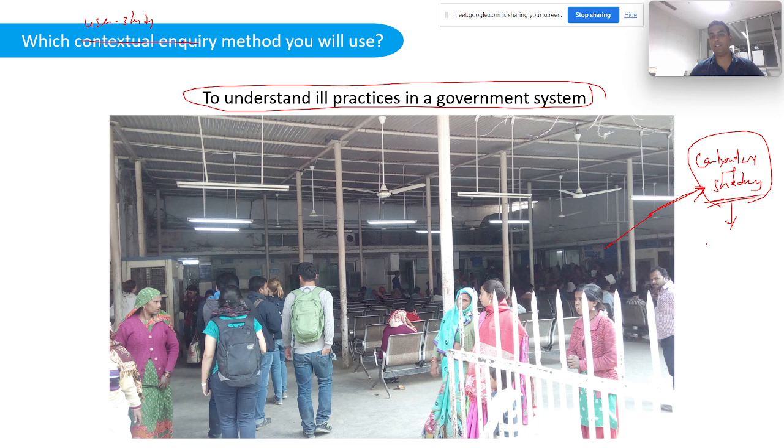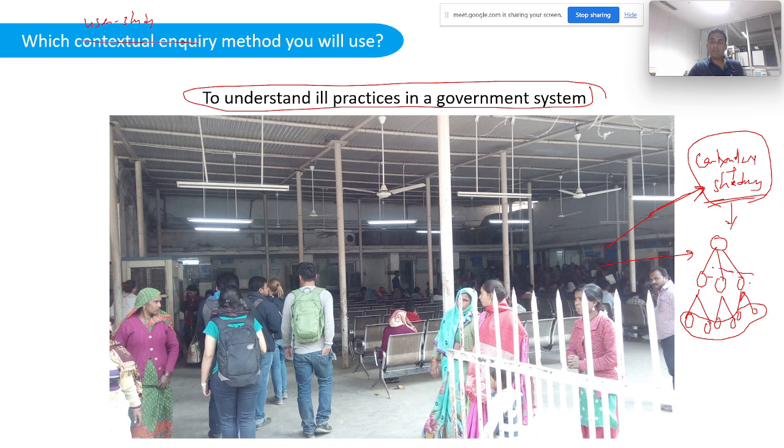Another technique can be to just move higher in the hierarchy and try to gather information from different stakeholders individually. So you interview each of them and try to understand ill practices. But this is not possible if you directly communicate with a person who is involved in ill practices.